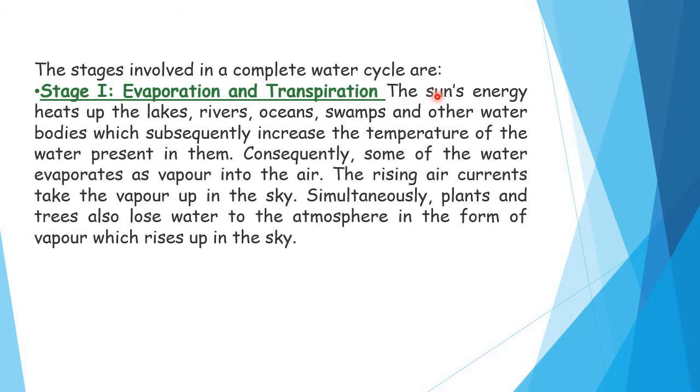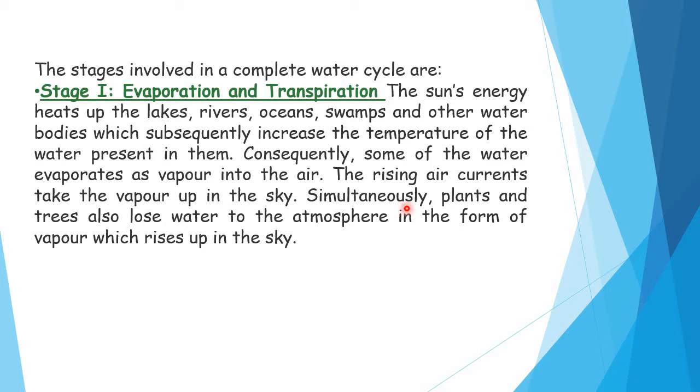Because the sun is very hot, it heats up the lakes, rivers, oceans, swamps and other water bodies, which subsequently increases the temperature of the water present in them. Consequently, some of the water evaporates as vapor into the air. The rising air currents take the vapor up in the sky.